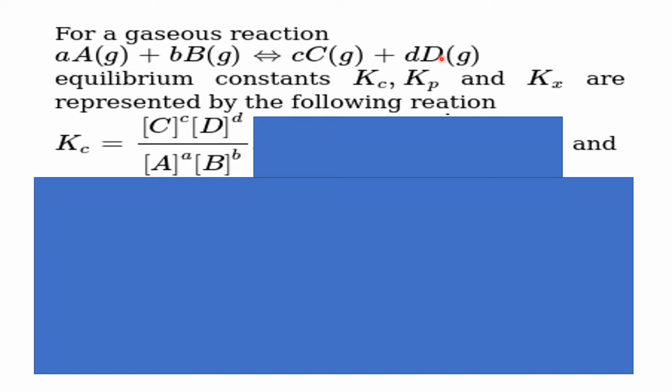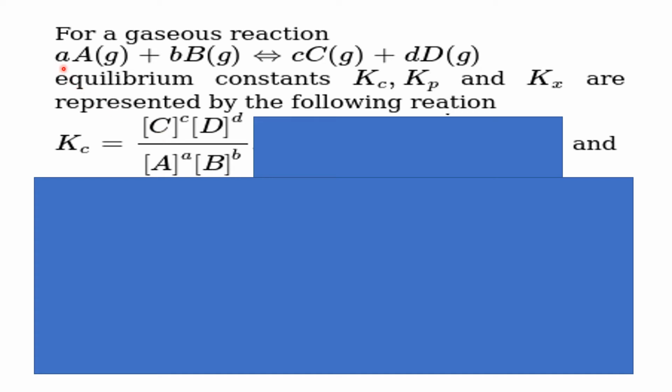If we consider this as a gaseous reaction, we cannot use the term Kc for finding the equilibrium constant. Why? Because Kc is the equilibrium constant when we are considering the molar concentration, or number of moles per liter.